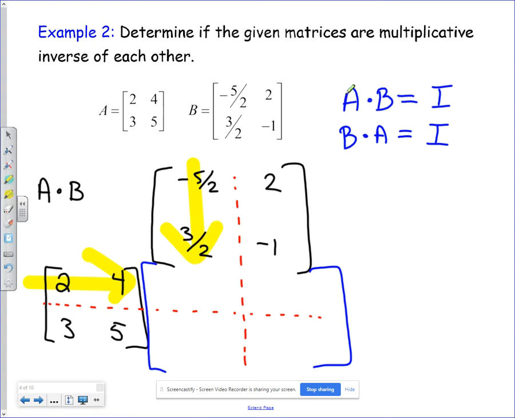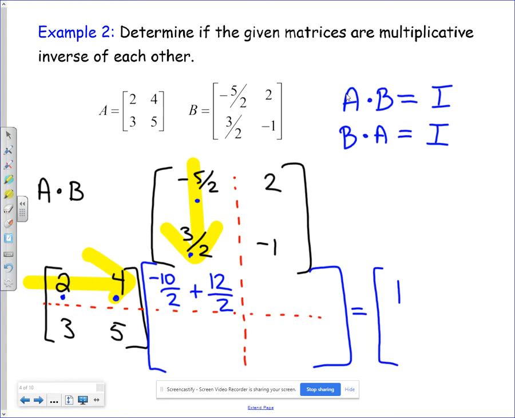So I'm going to take 2 times negative 5 halves. 2 times negative 5 halves would be negative 10 halves. And then plus 4 times 3 halves. 4 times 3 halves is 12 halves. So negative 10 halves plus 12 halves would be 2 over 2, which is 1.